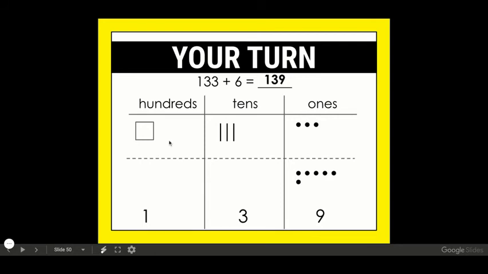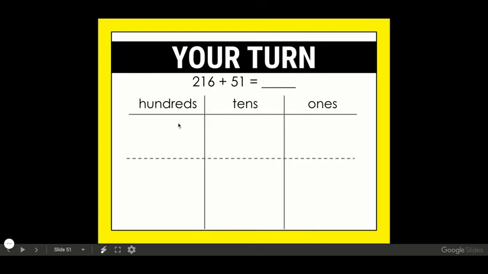Okay, let's try another one. Go ahead and draw another HTO chart to get ready. This time we're going to add 216 plus 51. Go ahead and draw your first addend on the top, 216.